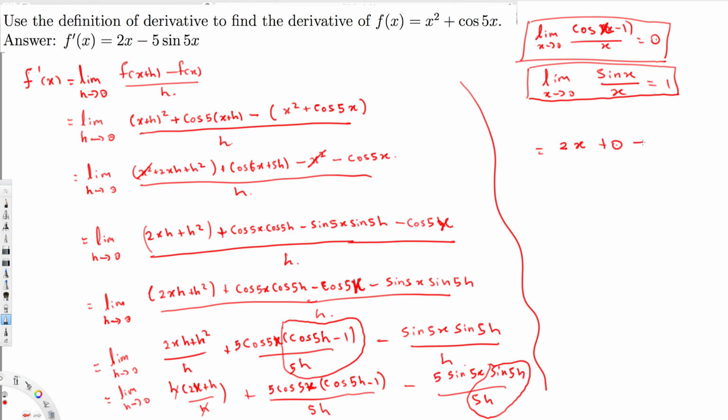So it's going to be minus 5 sine 5x times 1. Therefore, this is going to be 2x minus 5 sine 5x, and that's my final answer. So our answer is right.